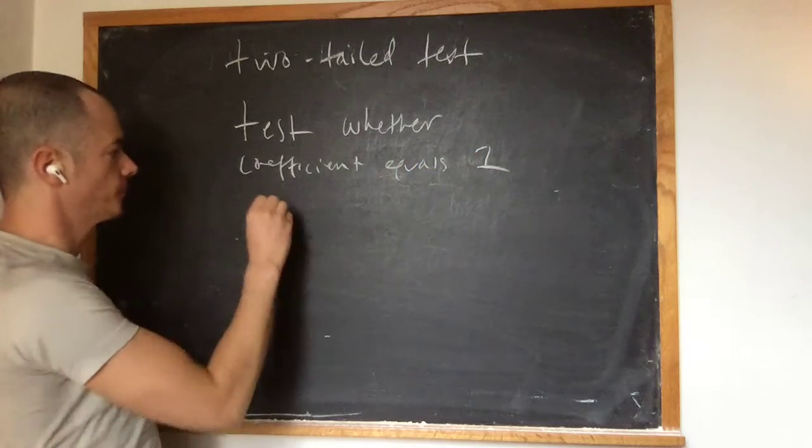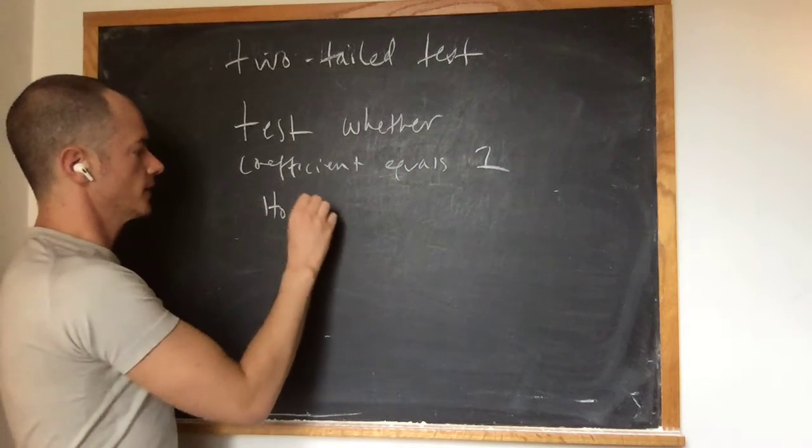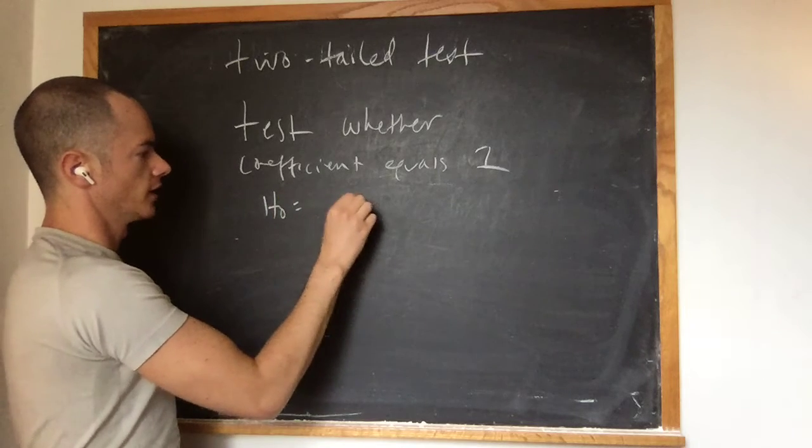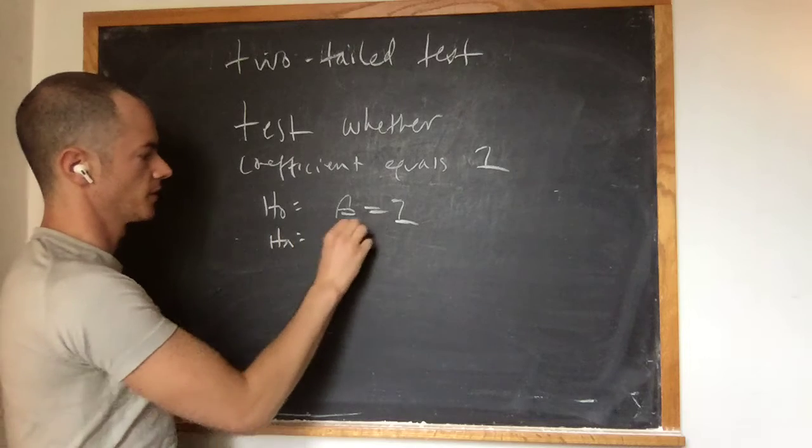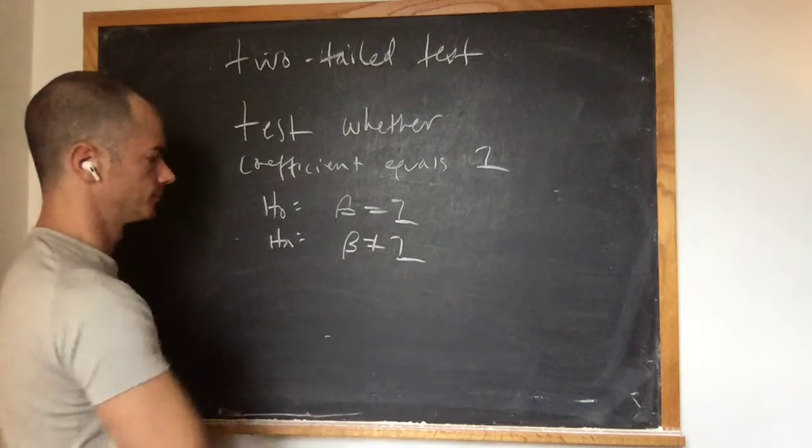In this case, the null hypothesis is going to be that beta equals 1. The alternative is going to be that beta does not equal 1.